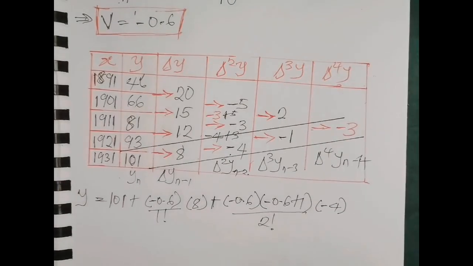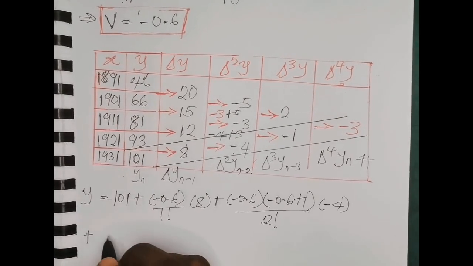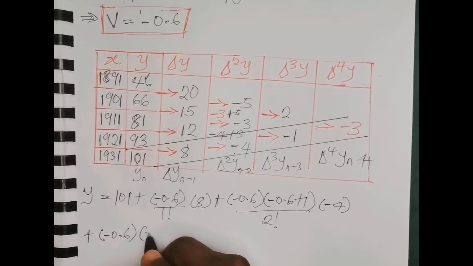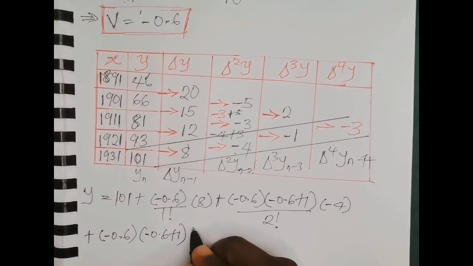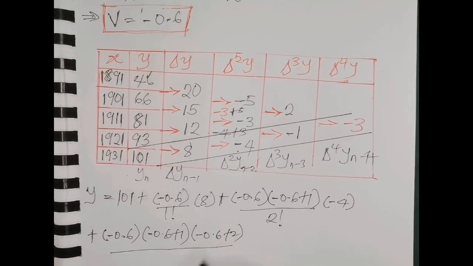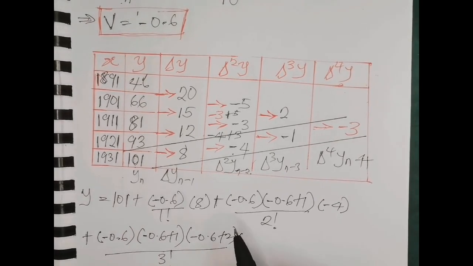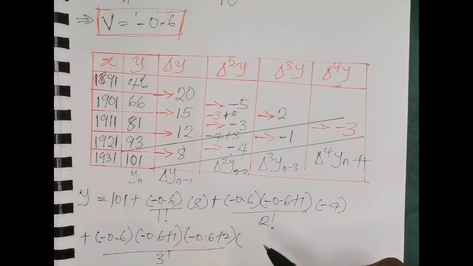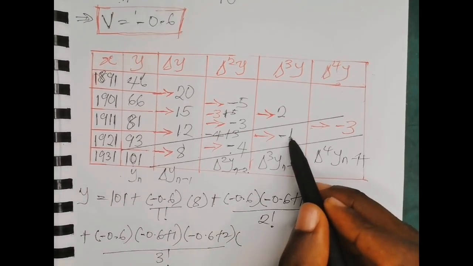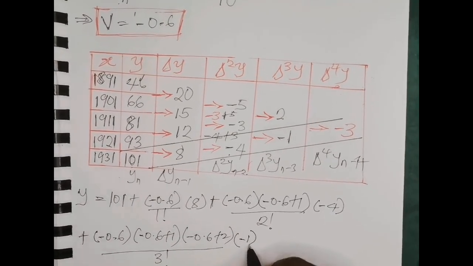So again you have plus v itself, negative 0.6, multiplied by negative 0.6 plus 1, multiplied by negative 0.6 plus 2, all over 3 factorial multiplied by delta cube yn minus 3, which simply gives us negative 1. So we are multiplying the whole of this by negative 1.